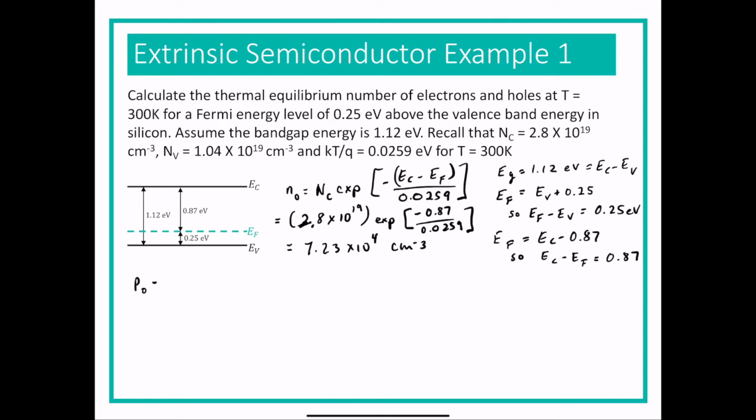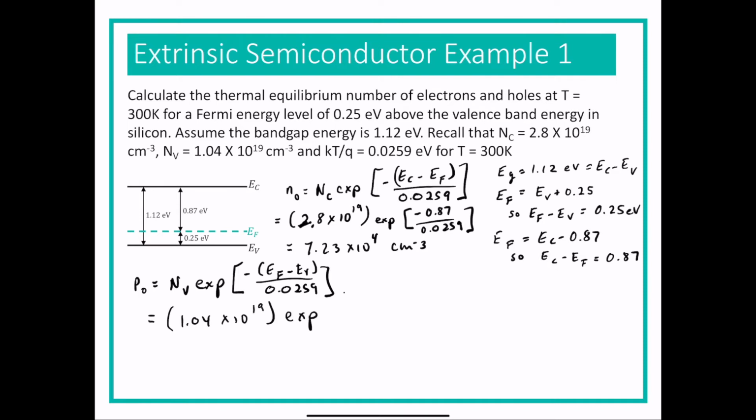The value for holes, we take NV and take the exponential of minus EF minus EV over 0.0259. And NV was 1.04 times 10 to the 19.